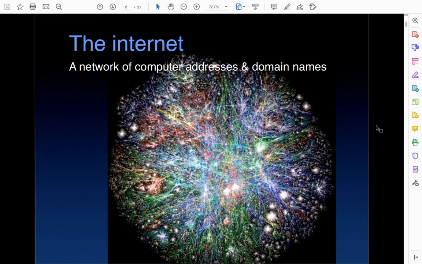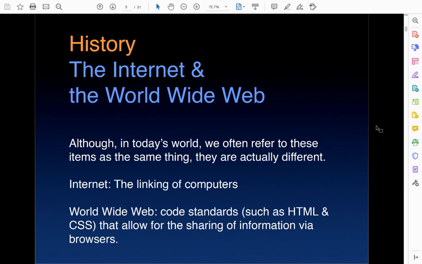So, as mentioned, it's a network of computer addresses and domain names, all linked together through cable and other means. In today's world, we often refer to these two items, the internet and the World Wide Web, as the same thing, but they're actually different. The internet is simply the linking of computers so they can communicate one with another.